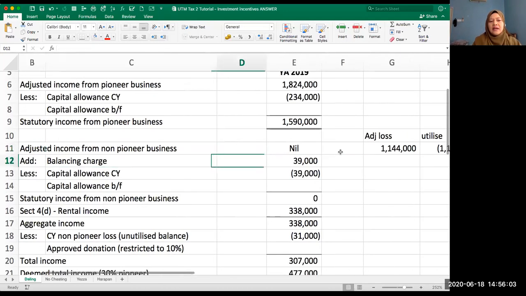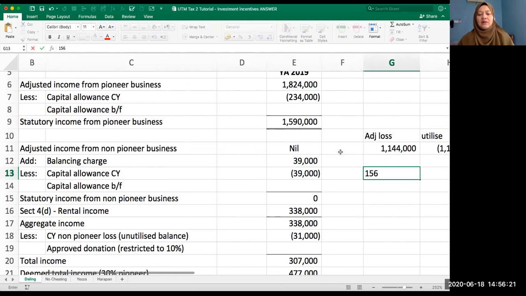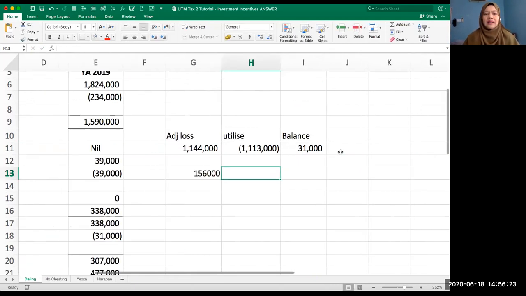So it means that now, because your adjusted income is nil but you have balancing charge, you utilize your current year CA. You have 156,000 CA from the non-Pioneer, but you only utilize 39,000. So the balance, how much is that? 156,000, then you utilize 39,000.